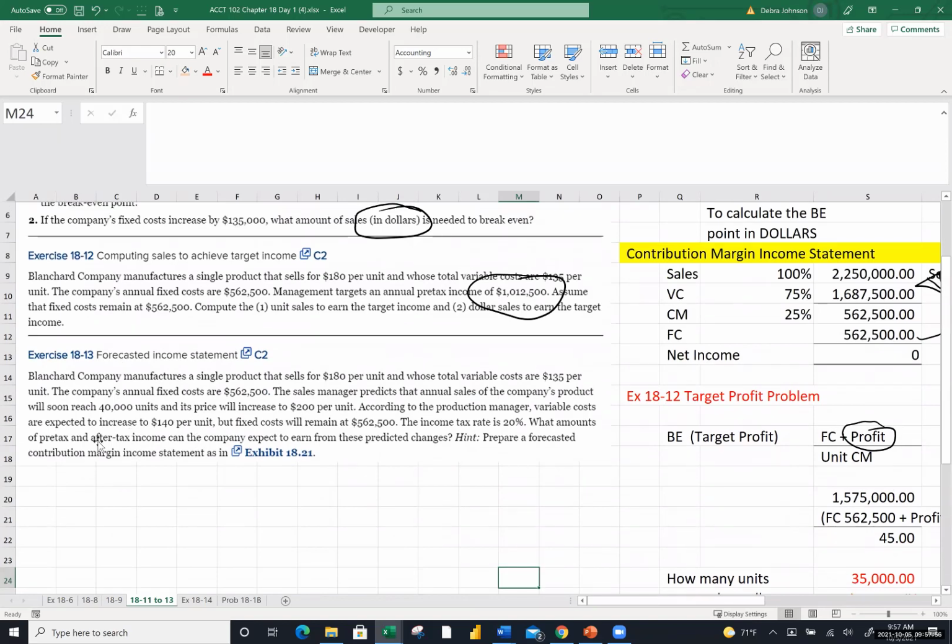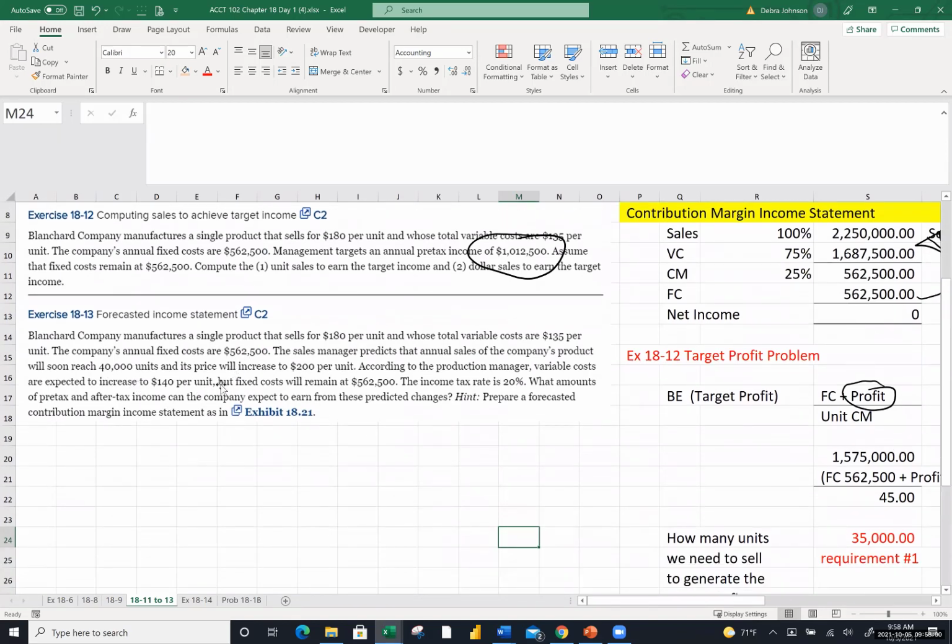Okay, then the last part, I was going to do this anyway, so glad they brought it up. Says Blanchard Company, same exact problem here. The sales manager predicts the annual sales of the company's product will soon reach 40,000 units. Okay, remember how many units they were selling over here? 35.